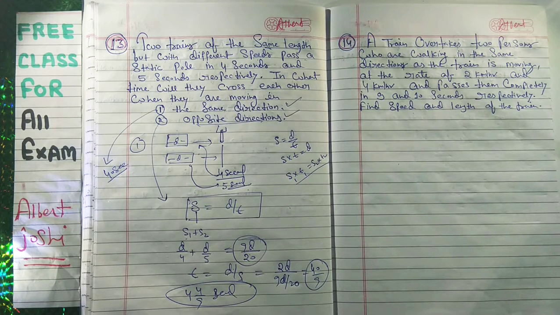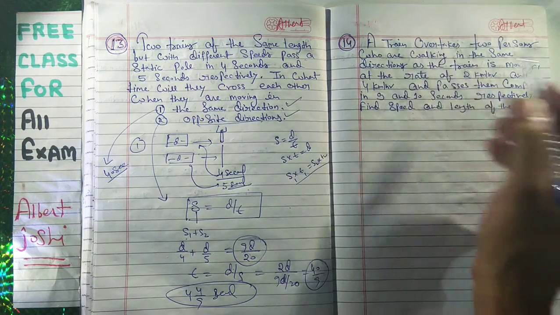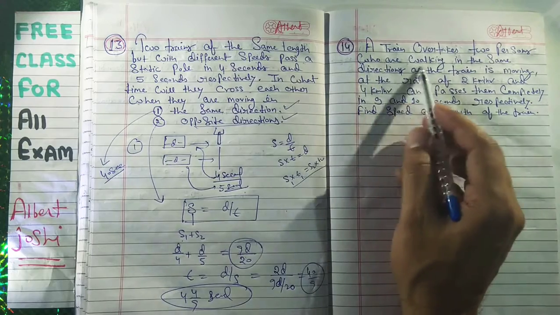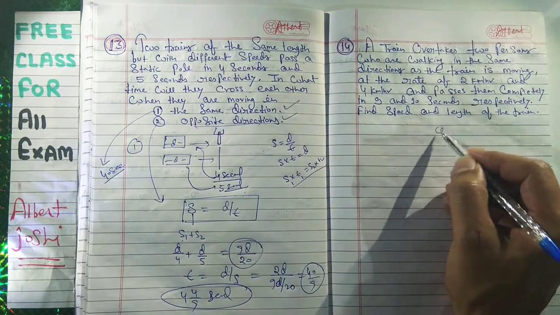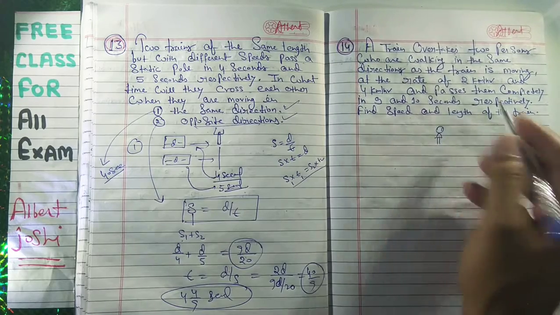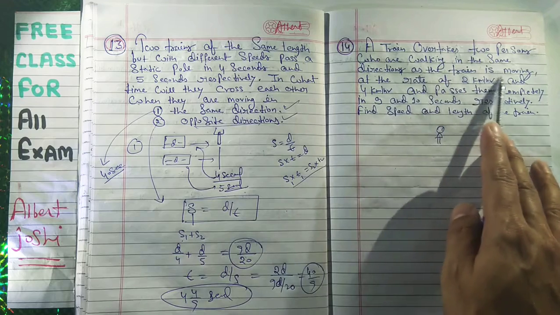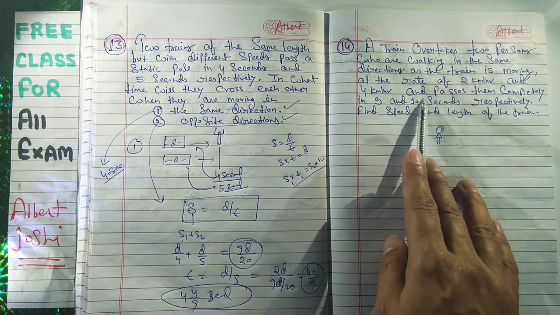Now the second question. A train overtakes two persons who are walking in the same direction. The two persons are moving at a rate of 2 km per hour and 4 km per hour.